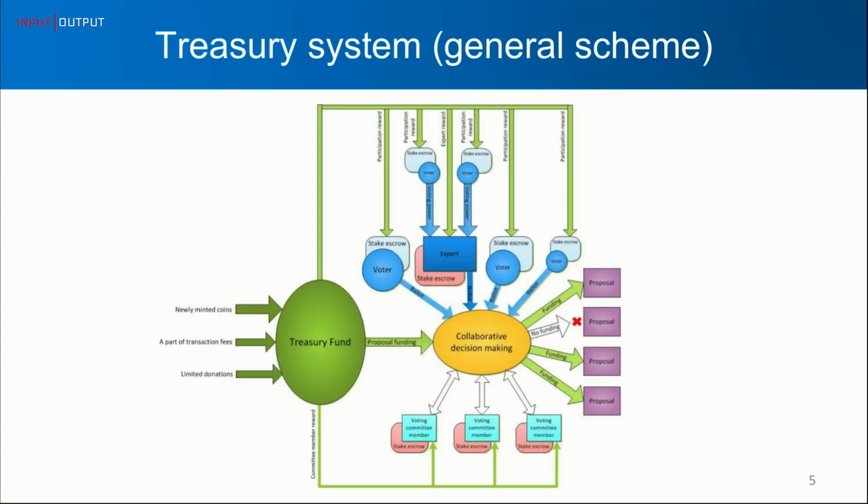We call such a lock a deposit, and it is a part of the incentive mechanism to behave honestly. The voting power is proportional to the size of the deposit. Besides voters, there are also expert and committee member roles in our treasury. An expert is a special type of voter to whom voting power can be delegated from regular voters. And a committee member is a special technical role needed for managing the voting procedure.